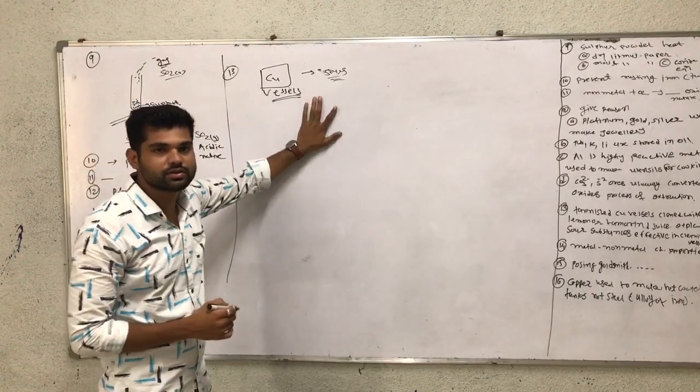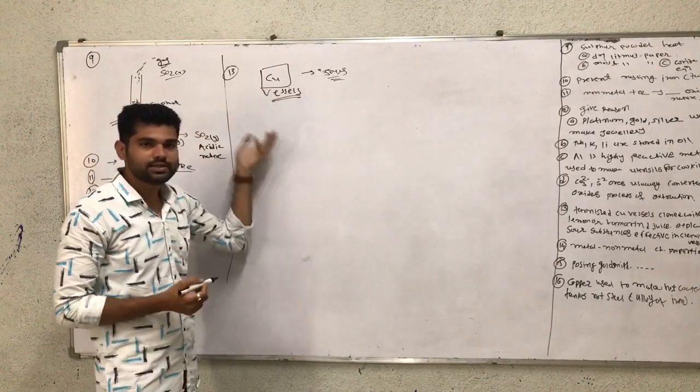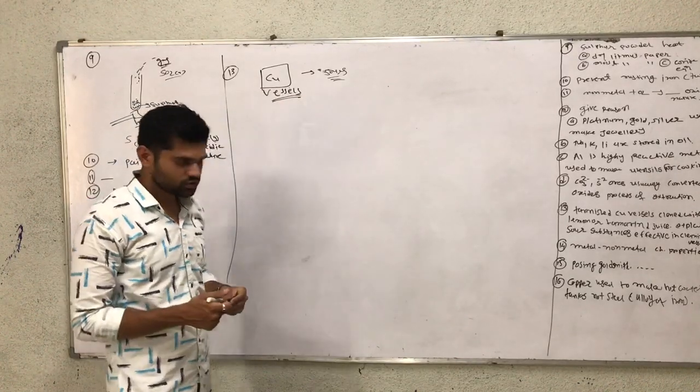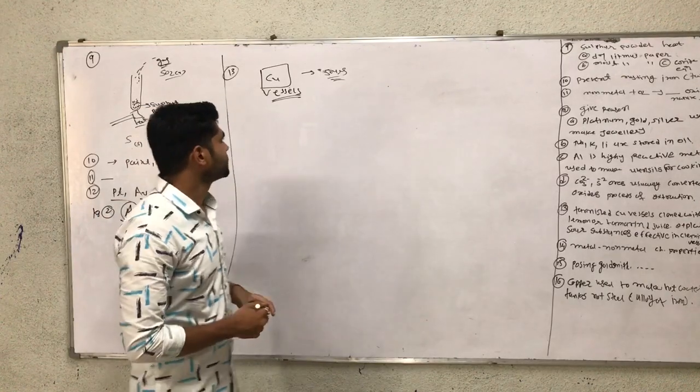Lemon and tamarind are sour substances, and what is the reason to use sour substances to clean Cu vessels? So understand this question.